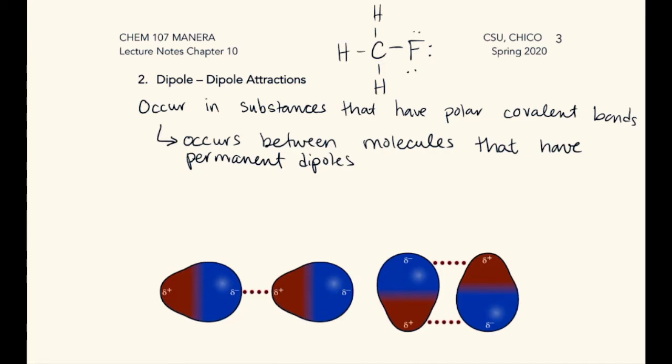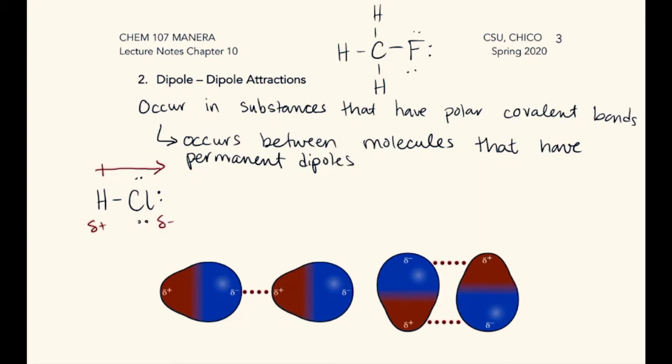And so the interaction comes when we have some molecule. I can even look at HCl, which would be an example that we saw earlier. HCl has a permanent dipole, where the partial positive is on the hydrogen and the partial negative is on the chlorine.